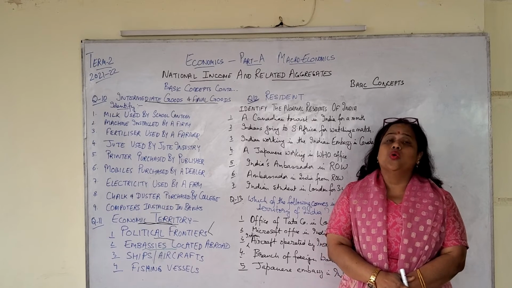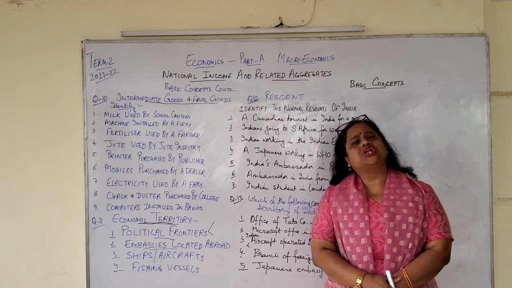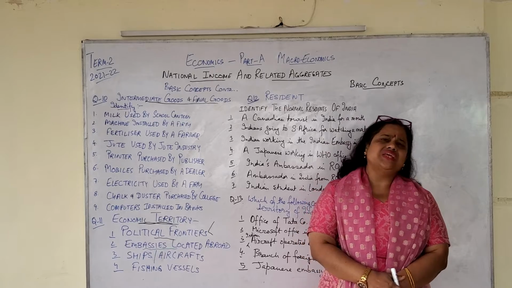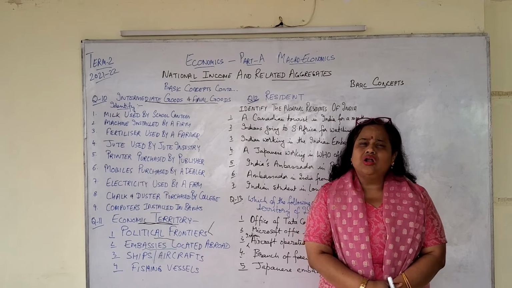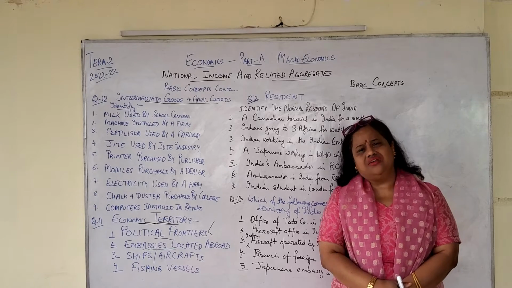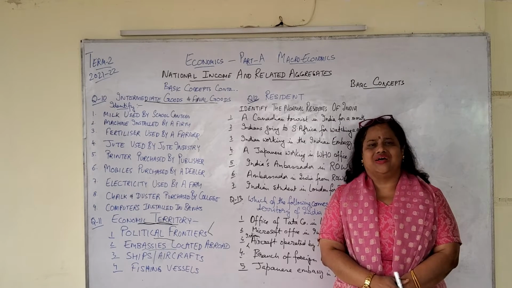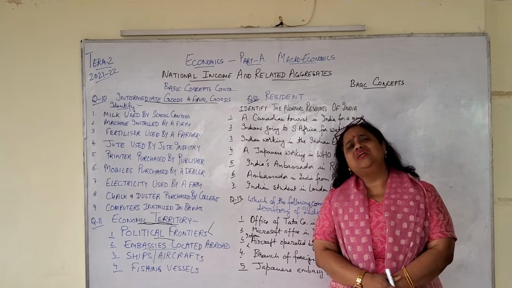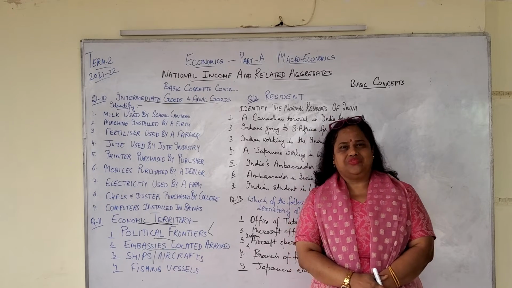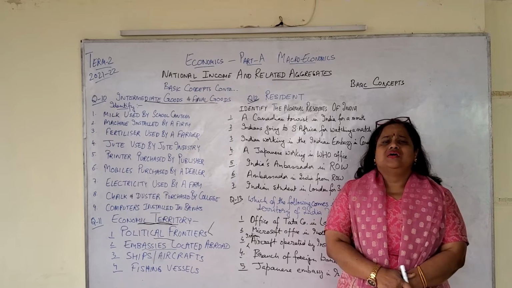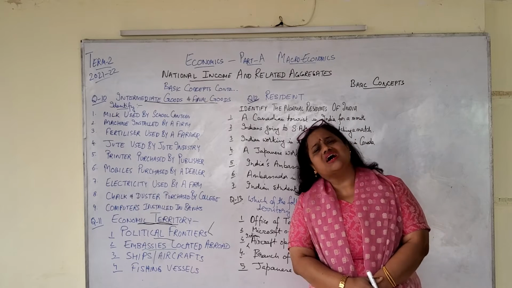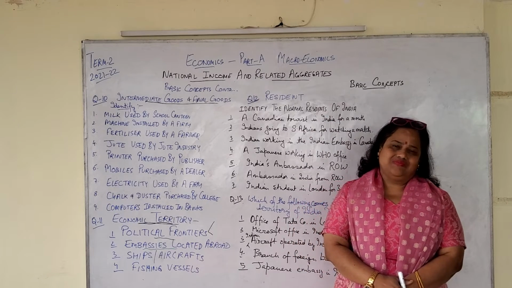So we will say no. The office of any international organization located in any country is not the resident of any country but of the international area. So the office of WHO, ILO, UNO, they are not the residents of any country but of the international area, whether they are situated anywhere.